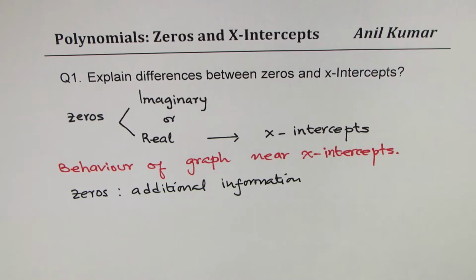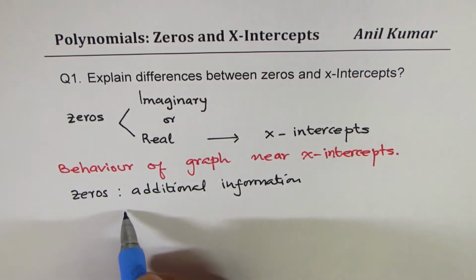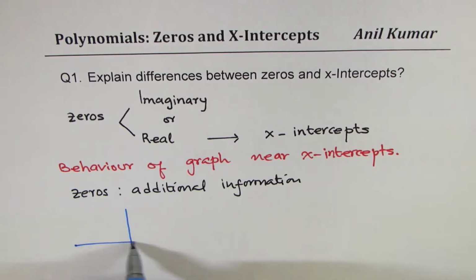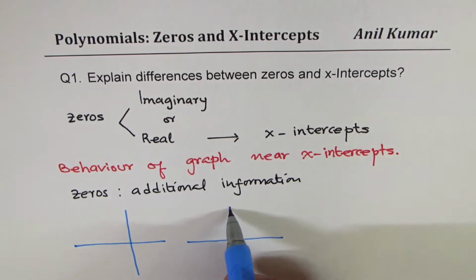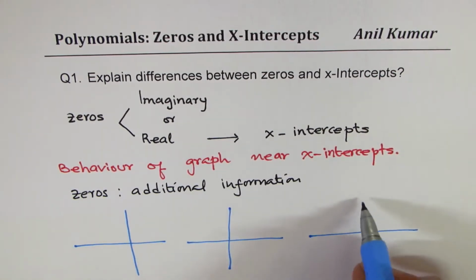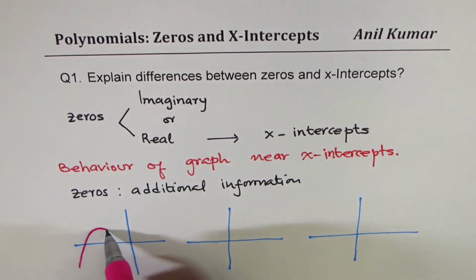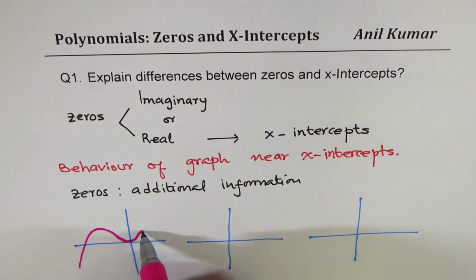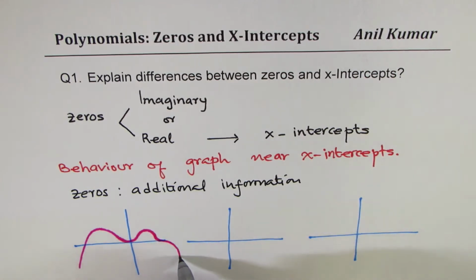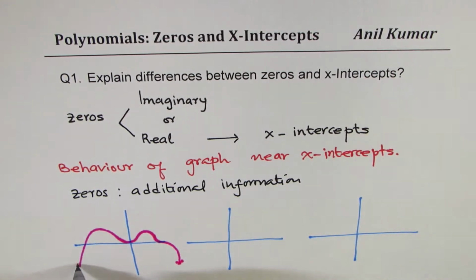Well, let me take three different scenarios to explain this, and I'll also tell you what an x-intercept is, and then what a zero is. Now, if I draw a graph something like this, what do you notice?